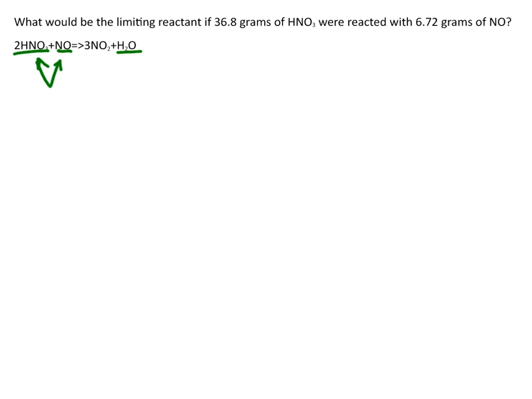I'll do a mass to mole relationship using molar mass and molar ratio. I'm going to end up doing two different problems here. I'm going to go from grams of NO to moles of water. I could go all the way to grams to find out how many grams of water I can make, but I'm just going to go to moles of water.